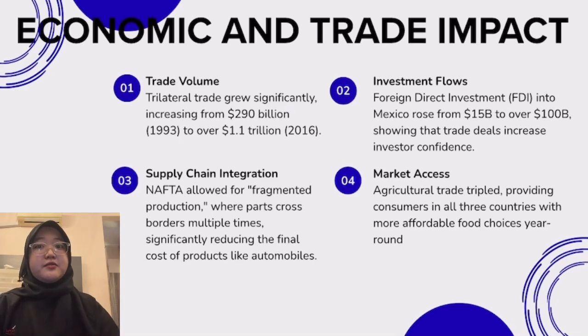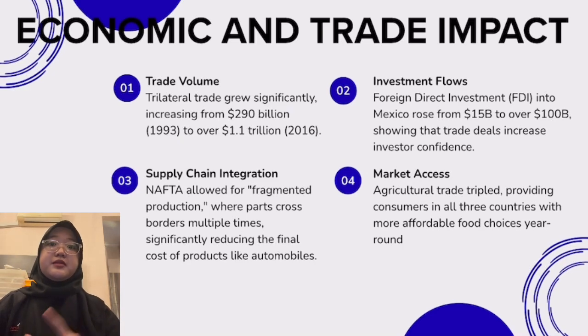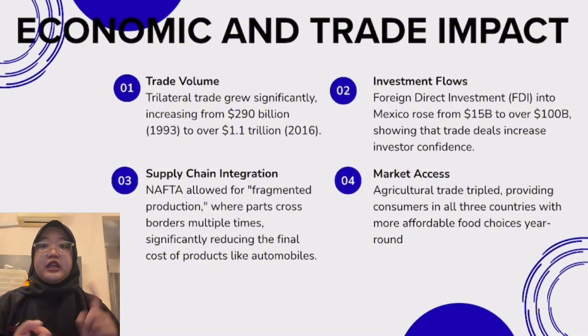Next, for the second one, investment flow, foreign direct investment or FDI into Mexico increased a lot. It rose from about 15 billion US dollars to over 100 billion US dollars. So this shows that a trade agreement like NAFTA can increase investor confidence and encourage more economic growth.